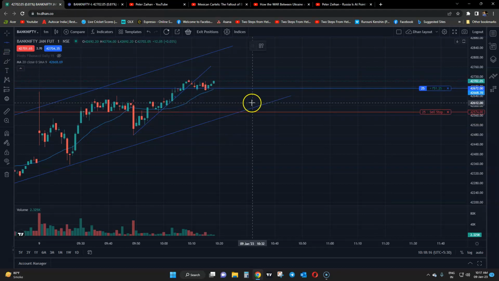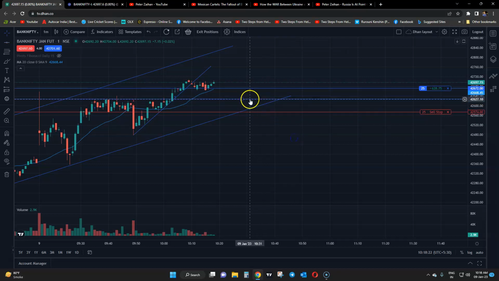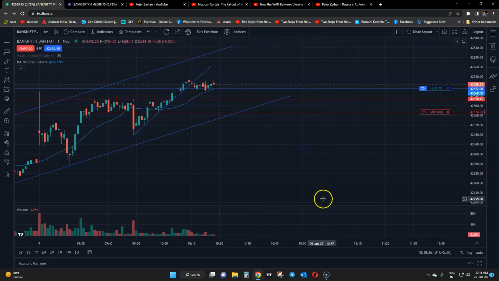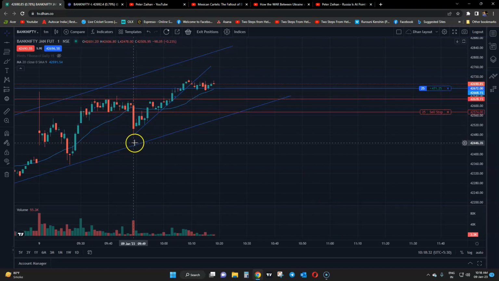This market, I got in at a much more destructive price. Okay, this is where I was at before. My stop loss was somewhere here. I got run.